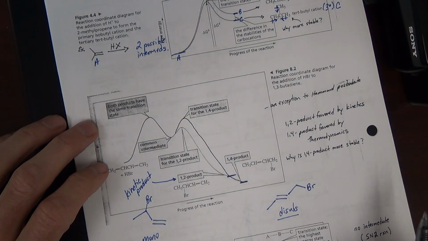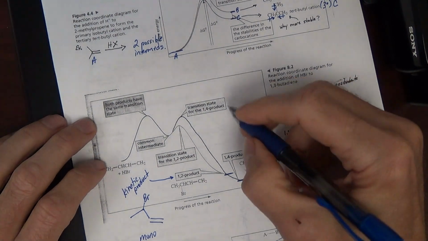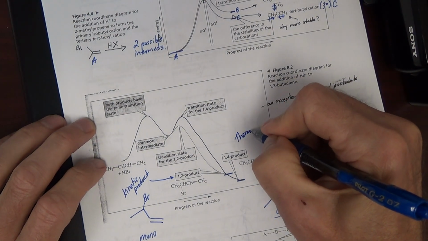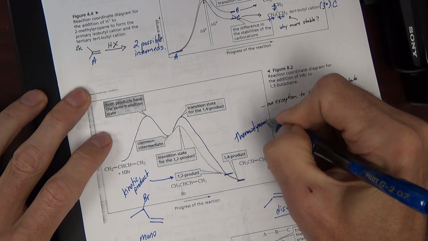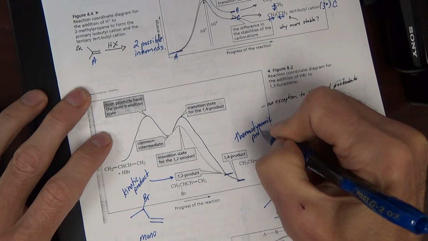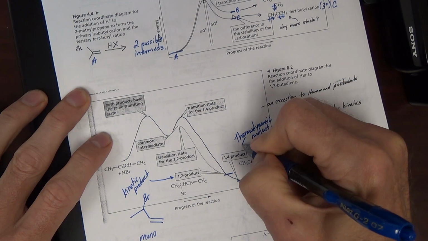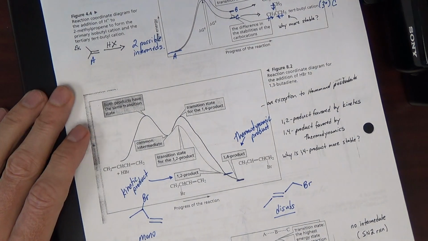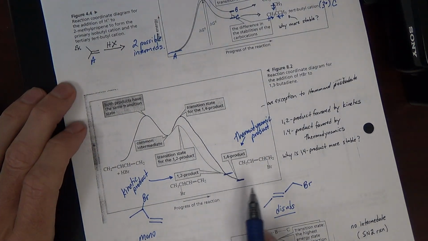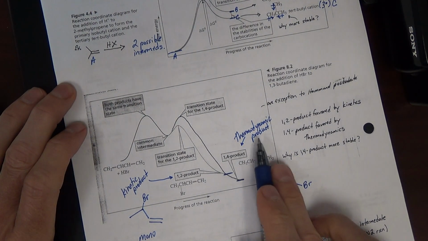Which one of the two products is most stable, though? Well, that's the 1,4 product, and it's called the thermodynamic product. It's not formed fastest, though.